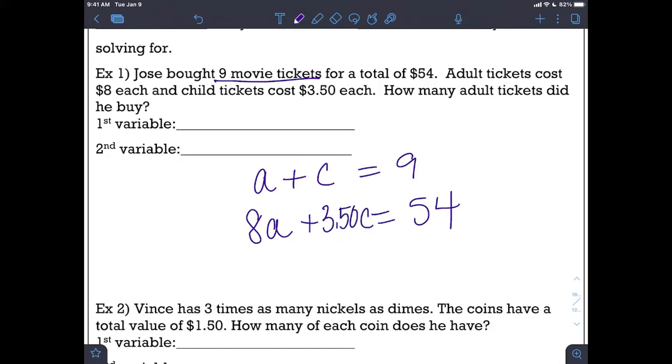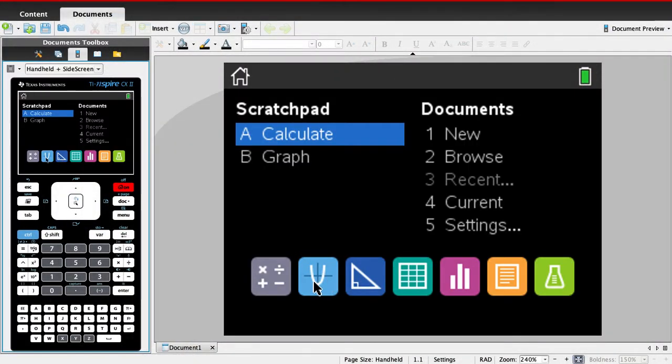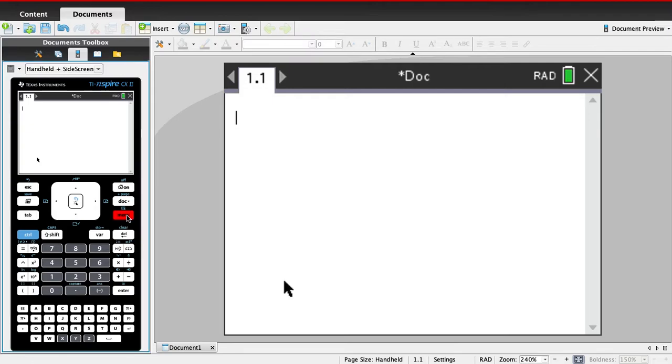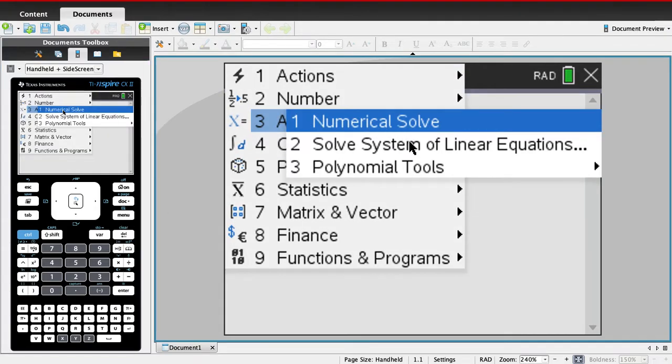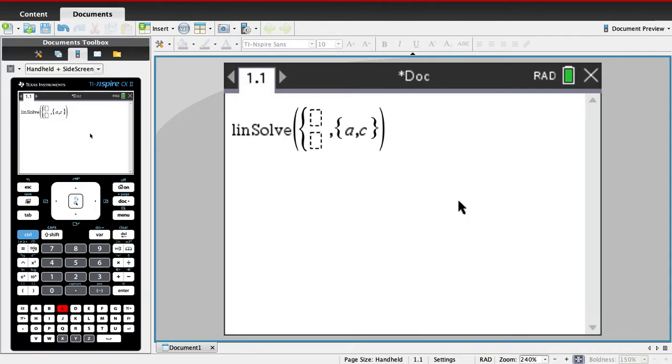Now I have a system of equations. I could go ahead and multiply this guy by -8 or -3.5 to make a system that I could merge and cancel out one of them. However, I can also just solve this with my calculator. I'm going to hit Menu, Algebra, Solve System of Linear Equations, and I'm going to change these variables to a and c, only because that's what I used.